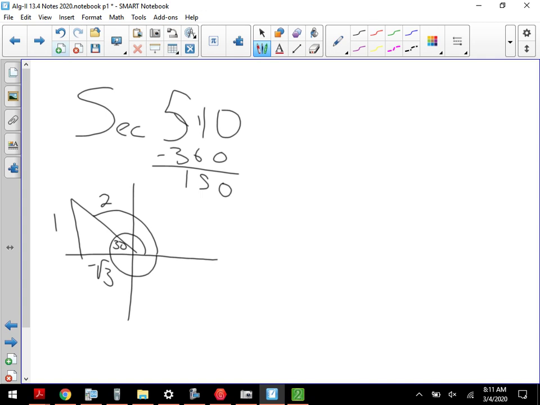Secant is the reciprocal of cosine. So cosine would have been negative root 3 over 2, whereas secant is going to be 2 over negative root 3. So it's negative 2 root 3 over 3. So now you just secant destroyed that.